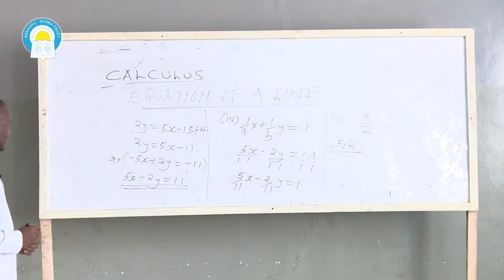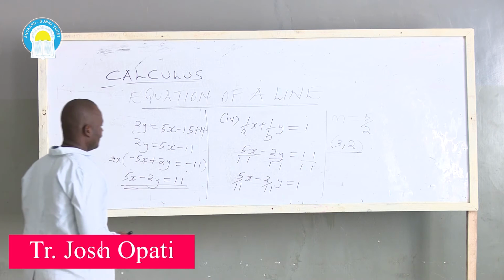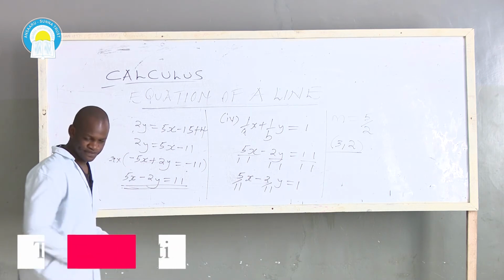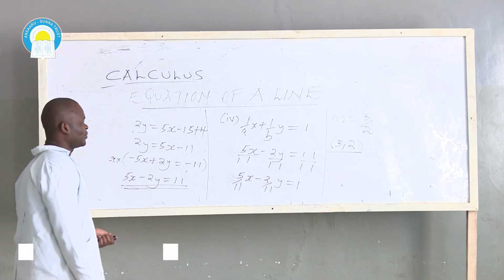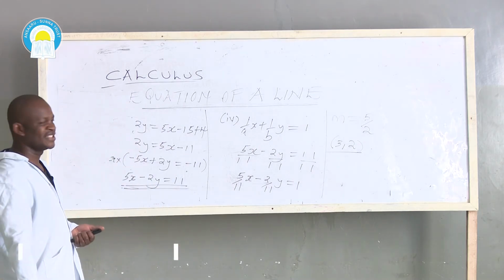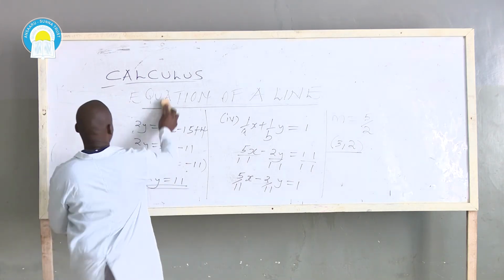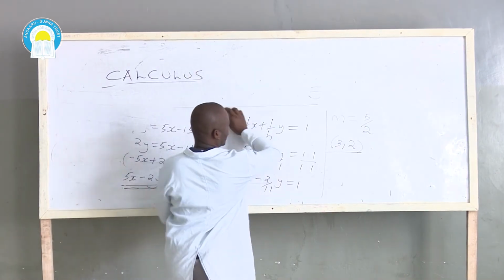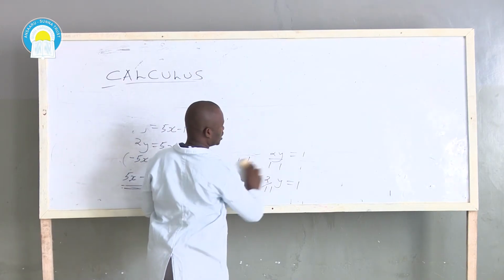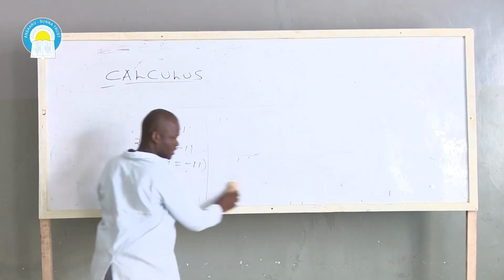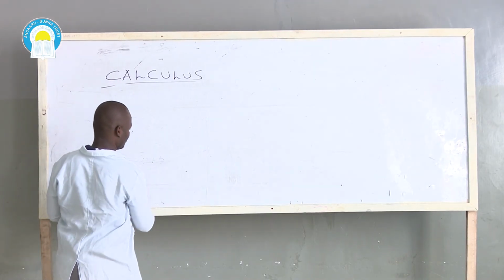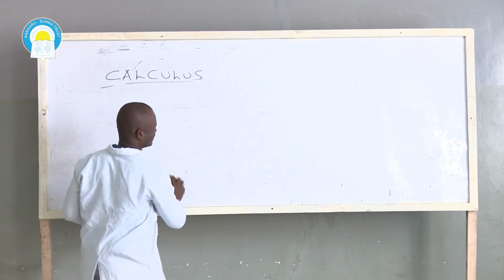Of course, we are done with that. Then we have to proceed to our next part and discuss the issue of the y and x intercept. We're just doing a recap of the Form 2 topic, gradient and equation of a straight line, which will form the foundation of the Form 4 topic, calculus.